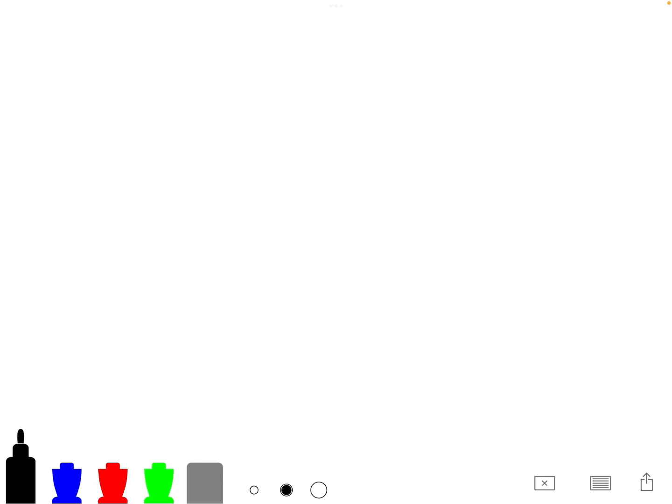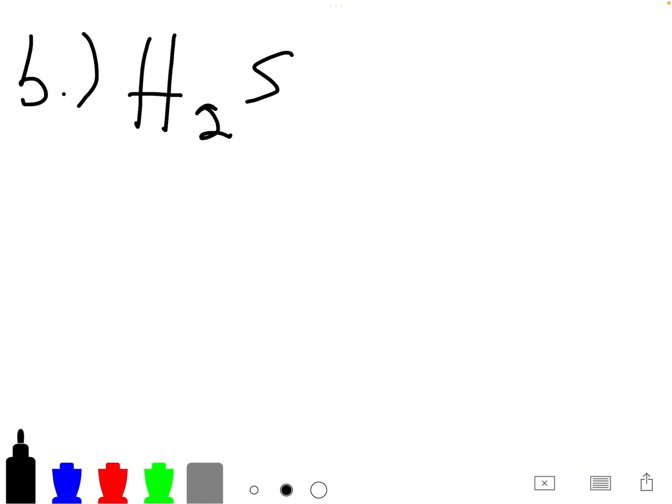The second one, on this number 3 right here, is B. So it's H2S. Okay, so this is H2S. First is the Lewis structure. So that's hydrogen, 2 hydrogens, and a sulfur.